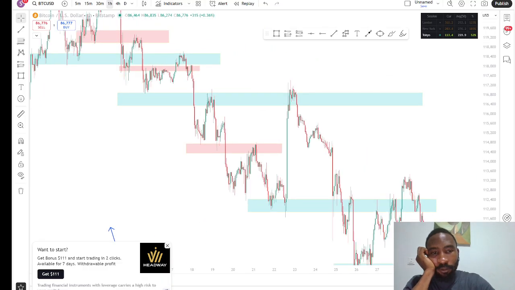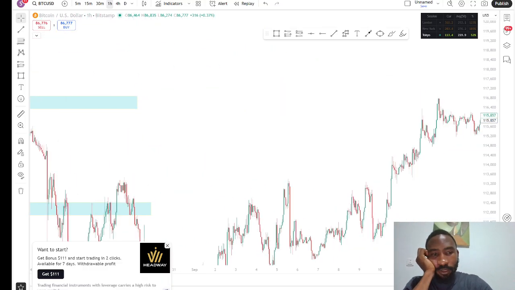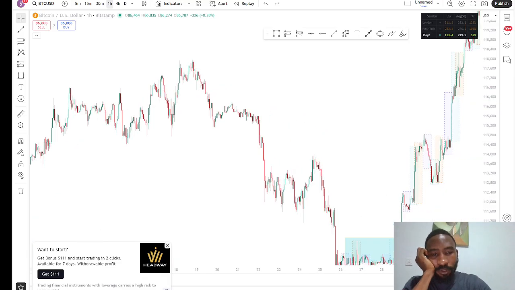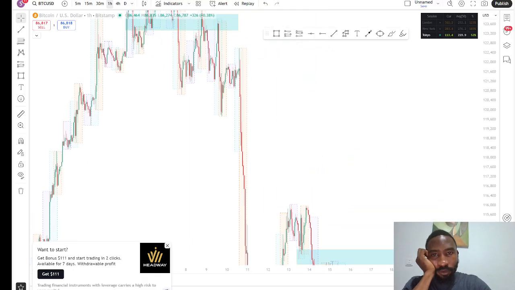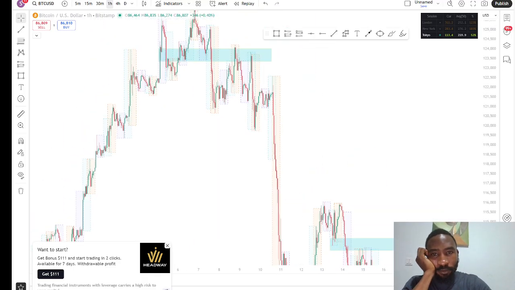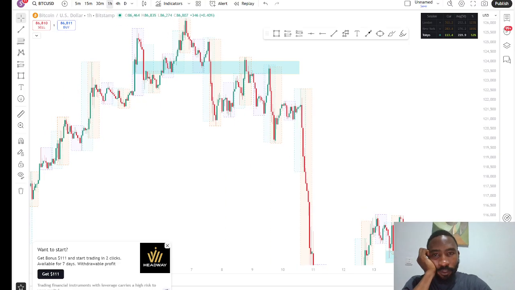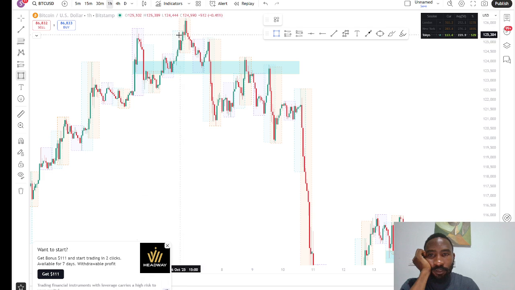As a matter of fact, let's use the new ones. I don't want to use the old ones. Okay, good. So first of all, this area has been marked out as an area of interest, right? Then I'm going to also mark this as an area of interest.